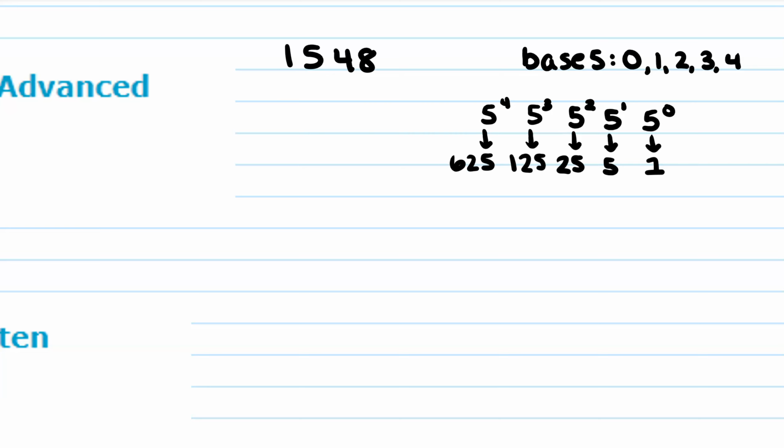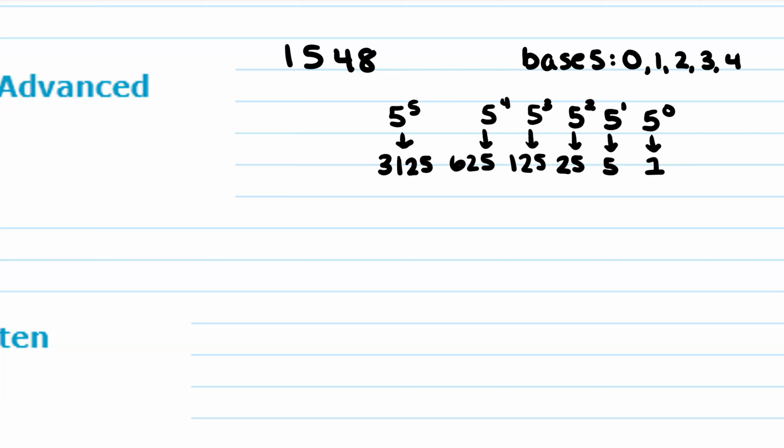And you have to recognize that I need to keep going because my number is 1548. So let's find the next one. 5 to the fifth is 3,125. That's too big, right? Because our base 10 number is just 1548.